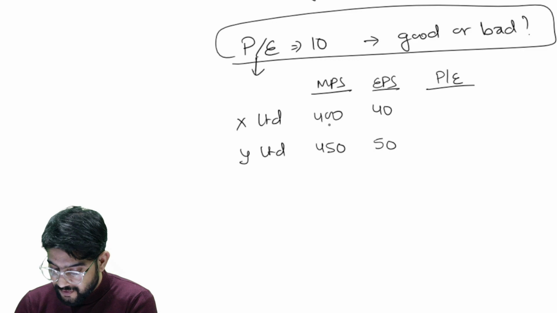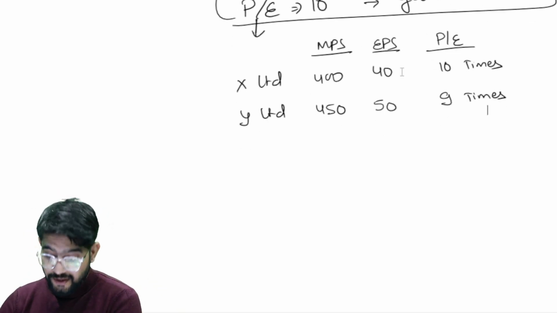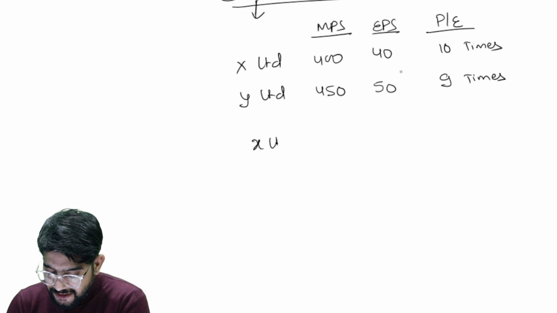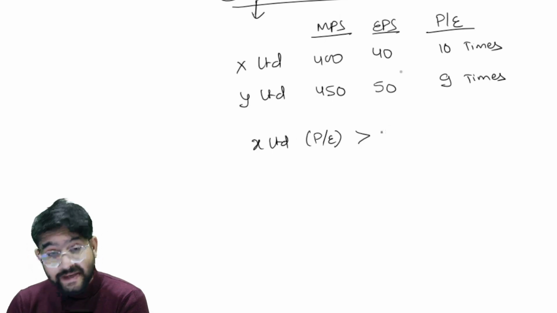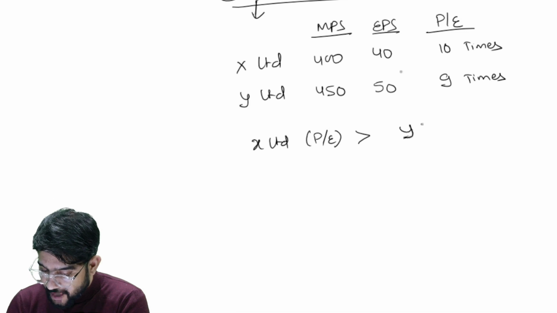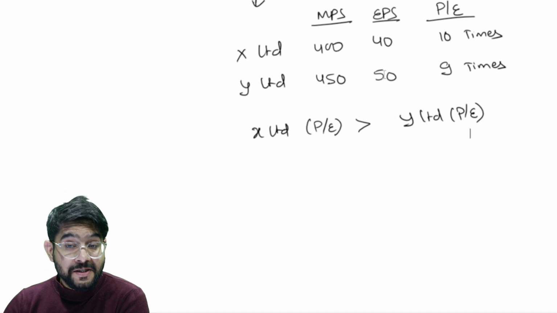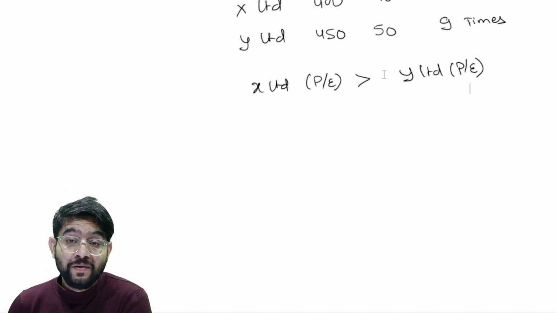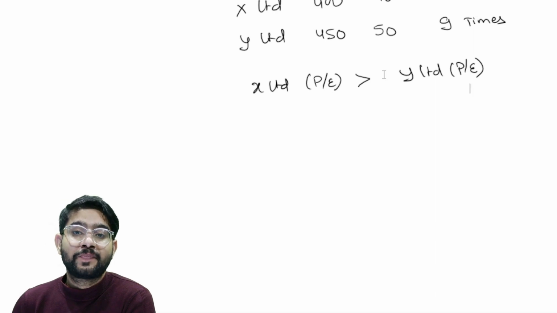PE is 400 by 40, that is 10 times, and 450 by 50, that is 9 times. Here X Limited's PE is higher than Y Limited's PE. Does this mean X Limited is better than Y Limited? So here comes another question: how to interpret PE ratio?